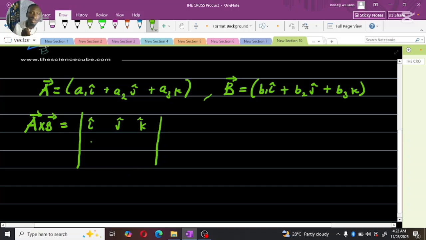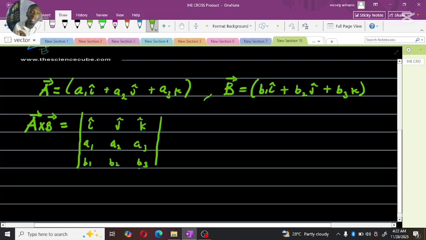Since A comes first, we have the components of A: A1, A2, and A3. Now for B, we will be having B1, B2, and B3. It's as simple as that.